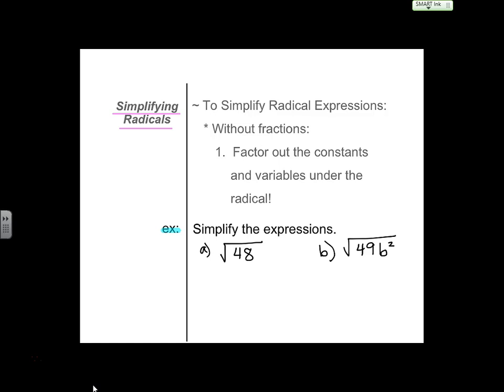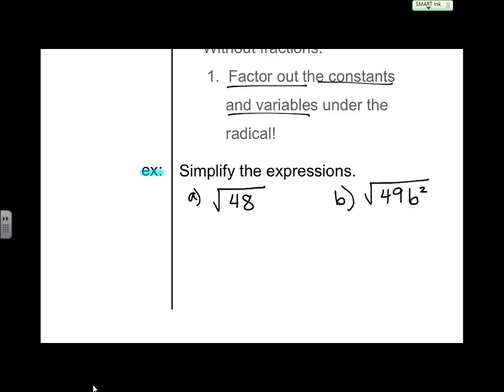Well, look at what I say above. Factor out the constants and the variables. So I'm going to give you a hint. Actually, let me change this real quick. That's way too easy. Let's do 48 equals.